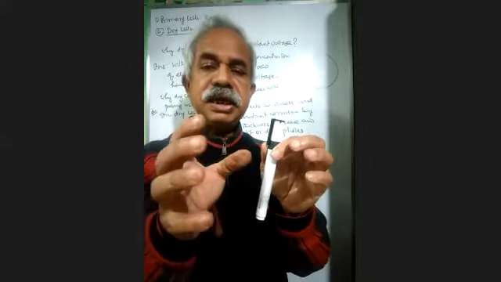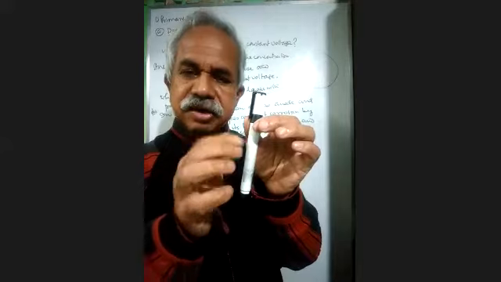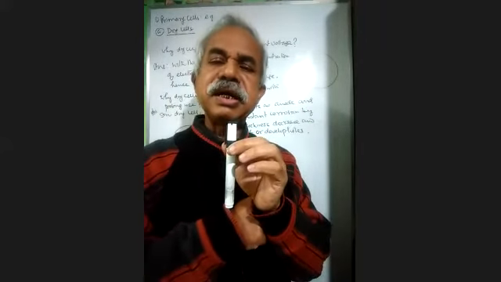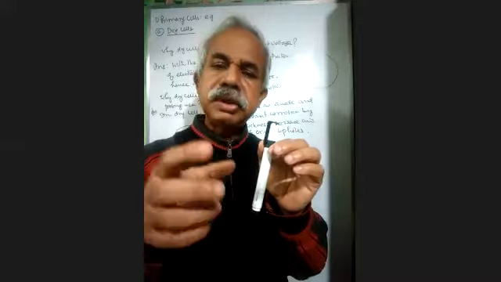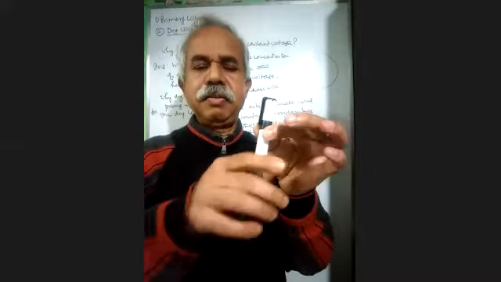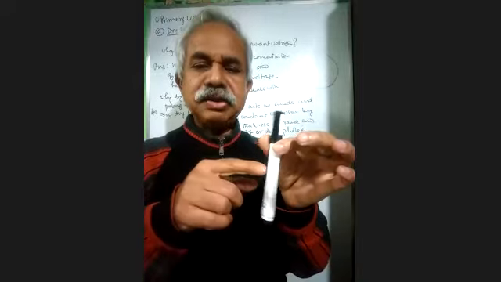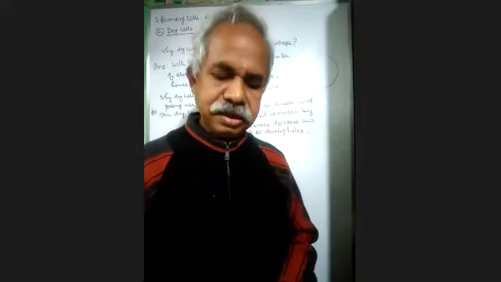Electrolyte gradually shrinks inside, and the direct contact of the zinc can with the electrolyte does not take place. So what will you do? You take a hammer or a plus and just press it. The moment you press, the zinc can touches the electrolyte. After that, you will find your torch is glowing.